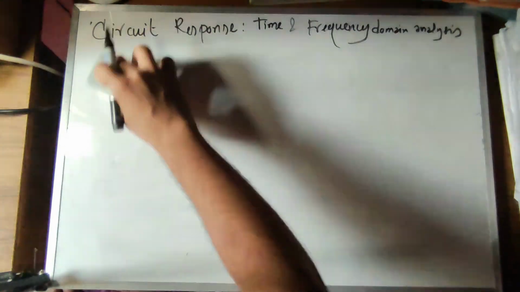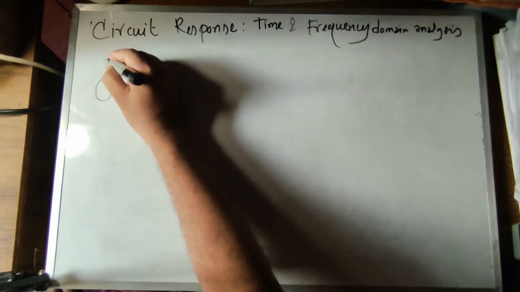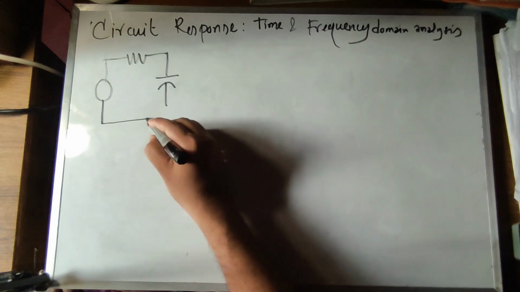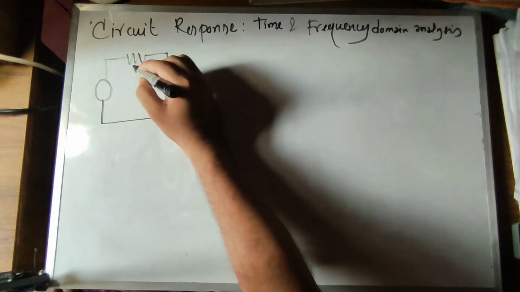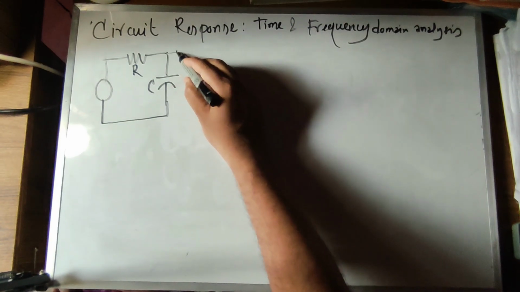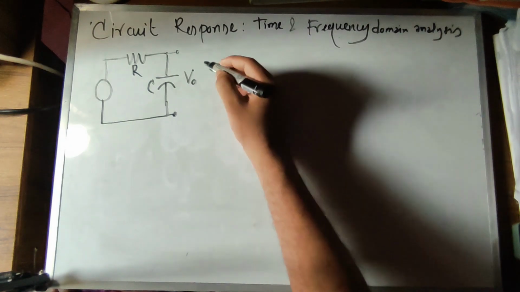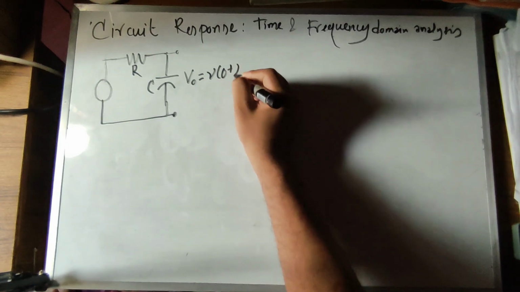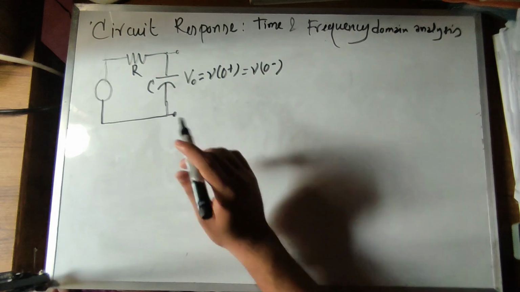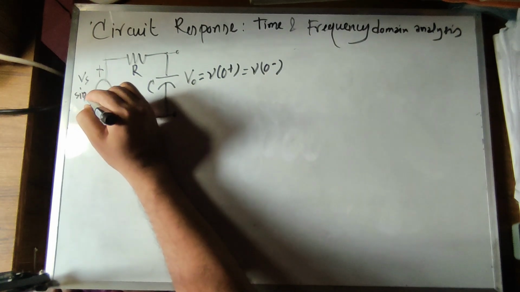Okay, so this is the RC circuit. So R and C, say the RC circuit has initial voltage V0, plus V0 minus, and the input is Vs sine omega t.